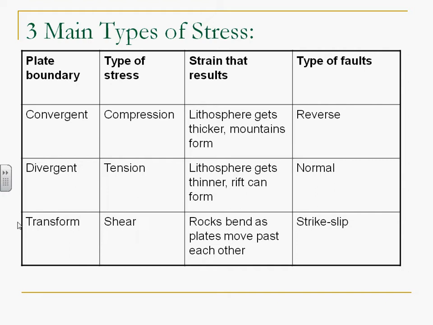We are compressing. We are coming together. So what happens as we compress? We're pushing towards the middle. As we're doing that, what happens? We start to see more material in the middle. It goes up. All right, so that is a stress. The strain is we see it going up or getting thicker.